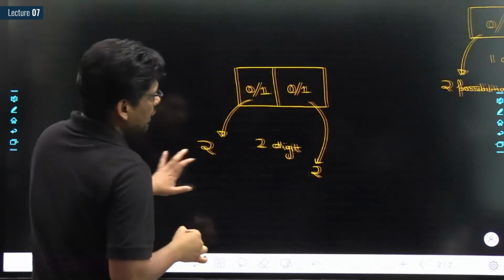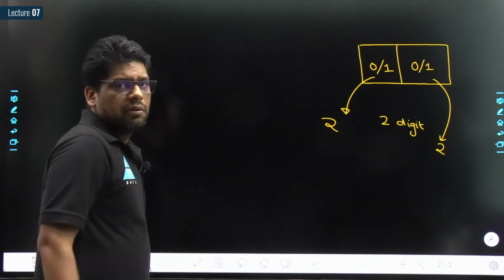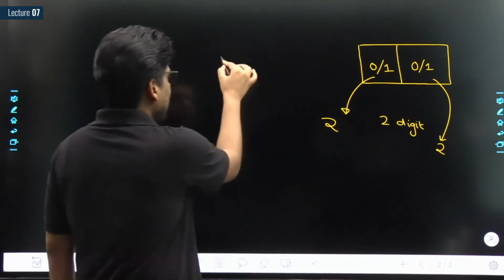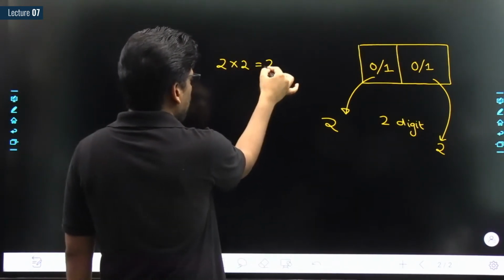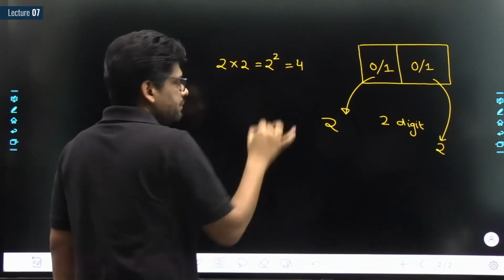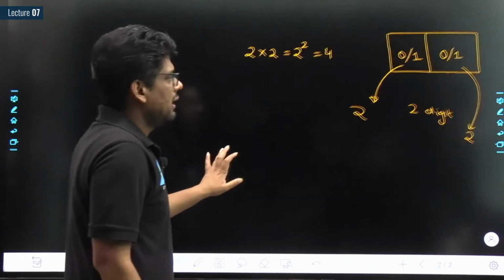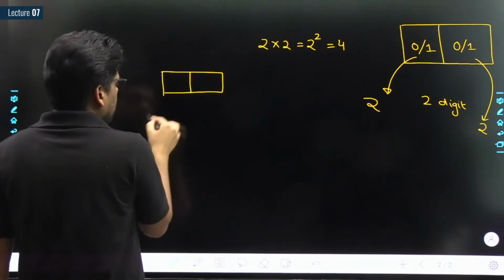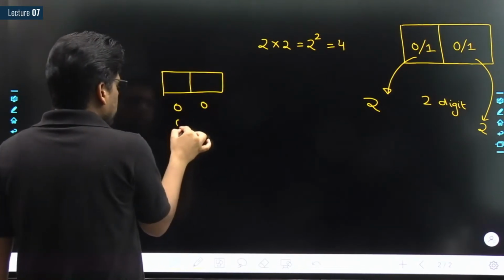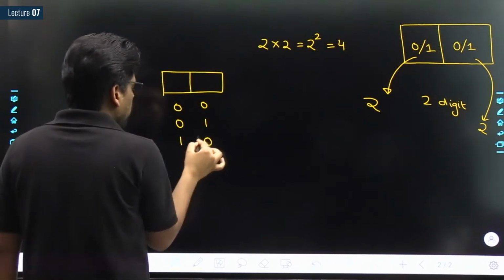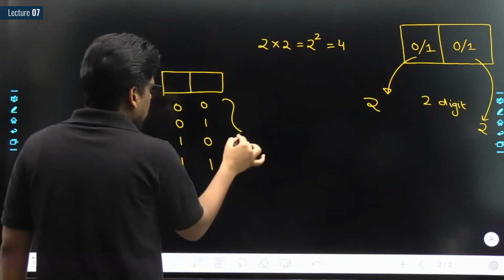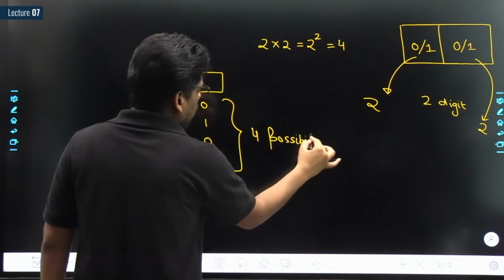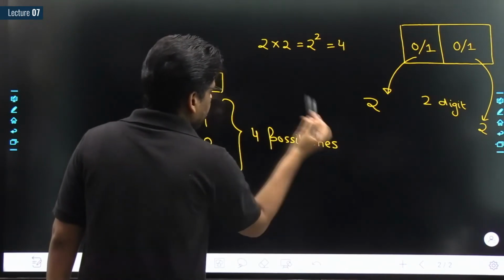So what are the total possible combinations in a 2-digit binary number? Sir, 2 cross 2, that is 4, or 2 to the power 2, that is 4. Let me explain. We have 2 digits; it could be 0 0, it could be 0 1, it could be 1 0, it could be 1 1. How many total possibilities? 4 possibilities or 4 combinations.